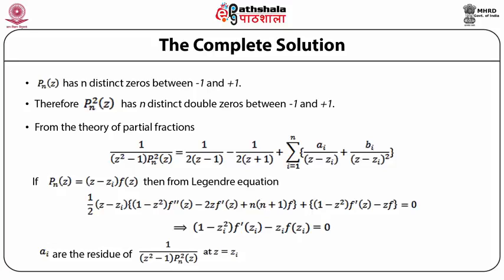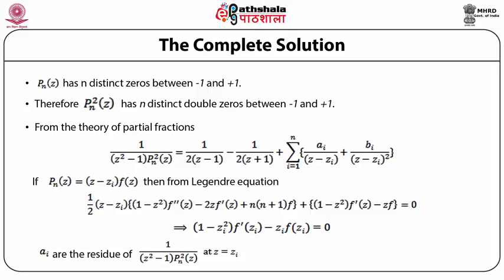On putting z is equal to zi, the first term vanishes and we have (1 minus zi square) into f prime of zi minus zi into f of zi is equal to 0.